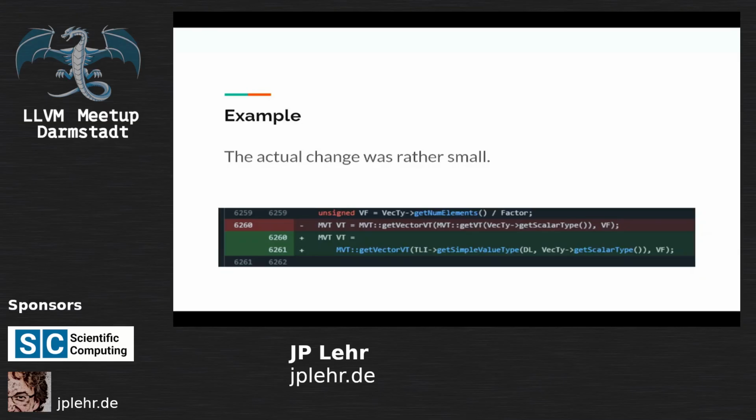I think this is a something value type or vector type. I'm not sure. I actually looked it up on Monday, but I forgot until now. You would get the vector value type, and that would then depend on the target layout. But yeah, that was the actual change, and this could be my last slide.